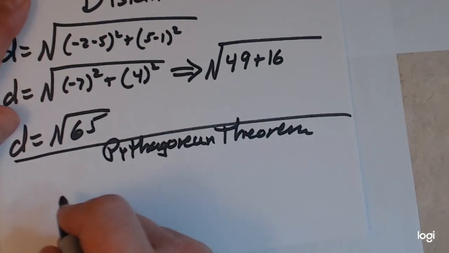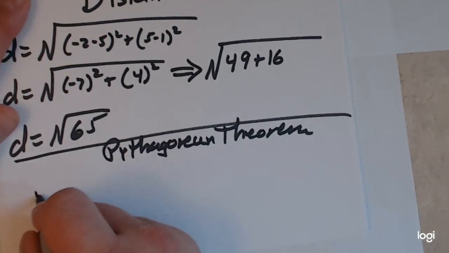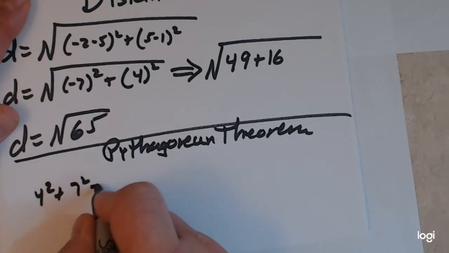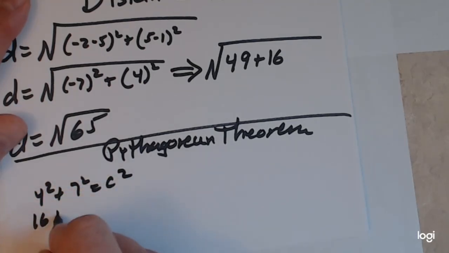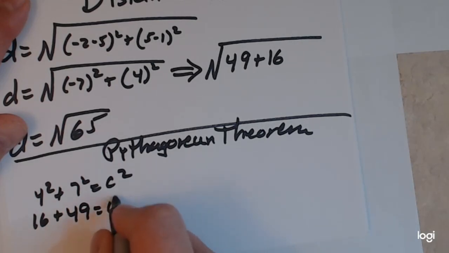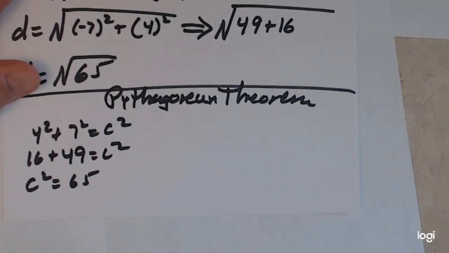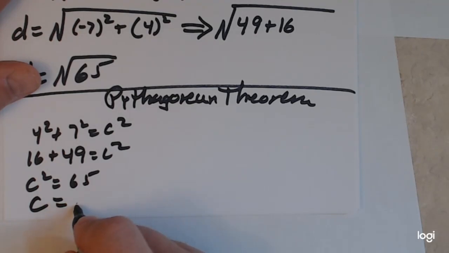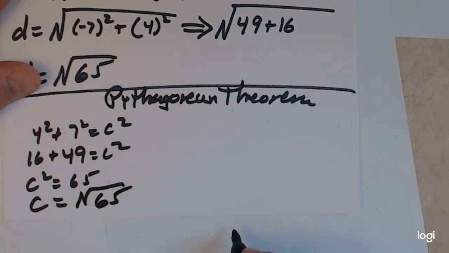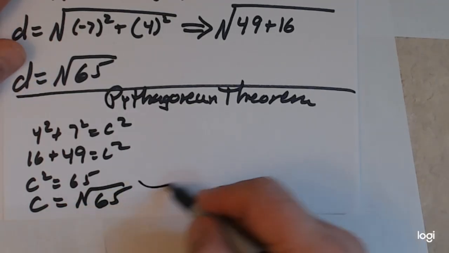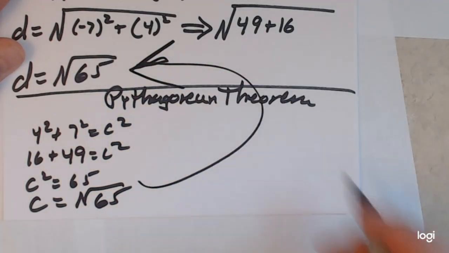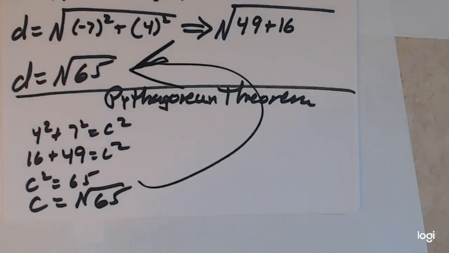So if we use the Pythagorean Theorem, we get 4 squared plus 7 squared equals c squared. 16 plus 49 equals c squared. C squared equals 65. So c is equal to the square root of 65, which is exactly what we got right over here using the distance formula.